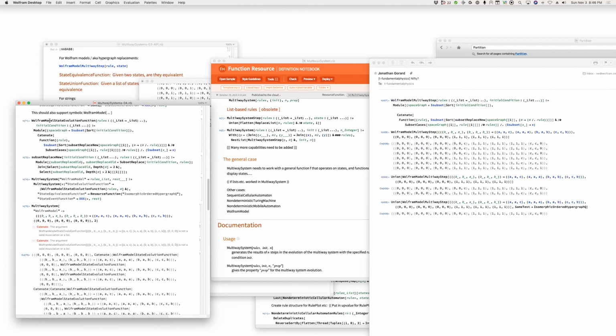Well, hang on, this Wolfram model evolution function didn't evaluate. It looks like. Well, that's because that should be a list. Right. There's another level of list there.